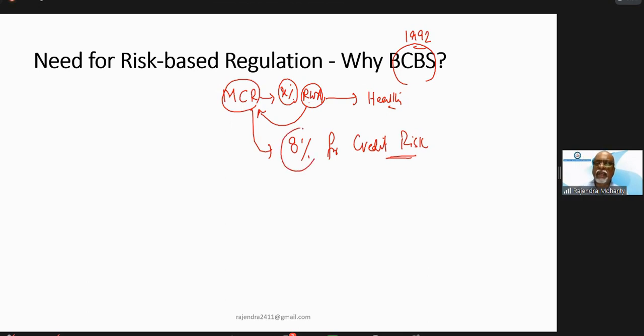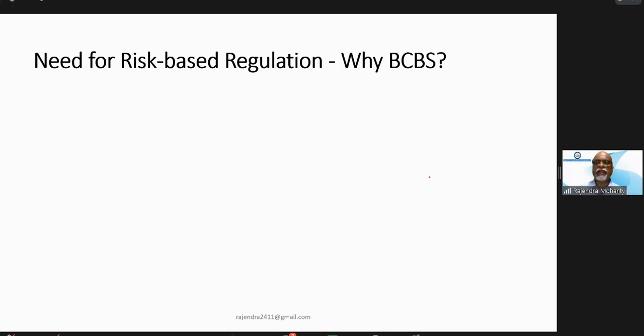When it was started in 1992, they thought that the only risk was in credit. So they told that each bank is supposed to maintain 8% of credit risk weight asset. Because at that time they thought that there is only risk available in credit. Other things they had not gone into.